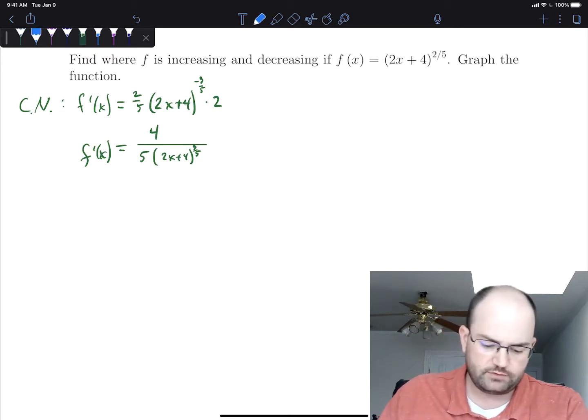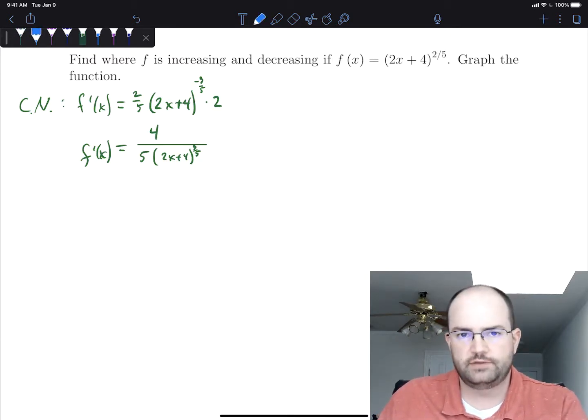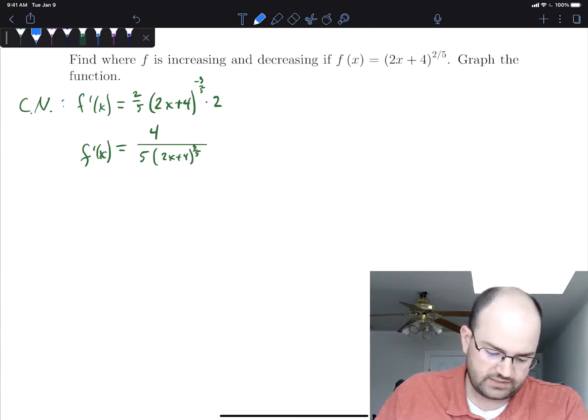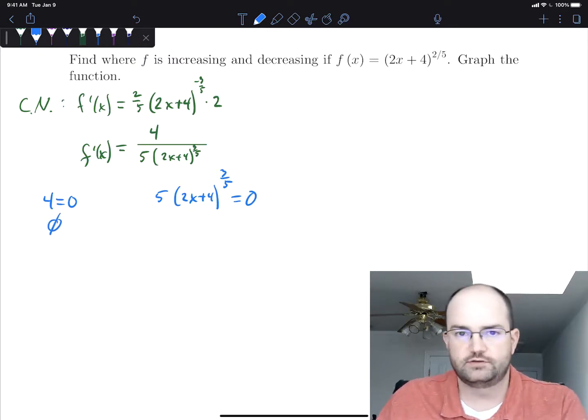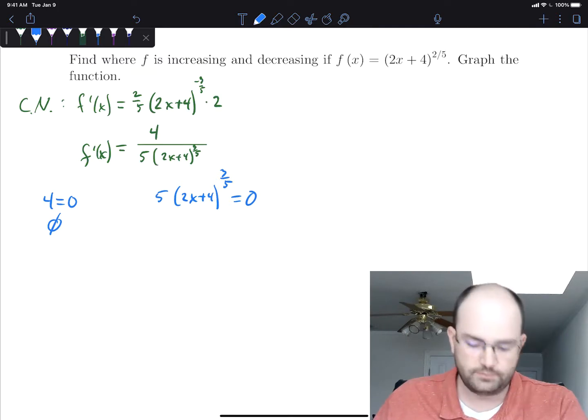To find the critical numbers, we set both the numerator and denominator equal to 0. So that's going to give us 4 equal to 0, and then 5 times (2x plus 4) to the 3/5 power is equal to 0. Now notice that the first one doesn't give us a solution, so it doesn't give us any critical numbers.